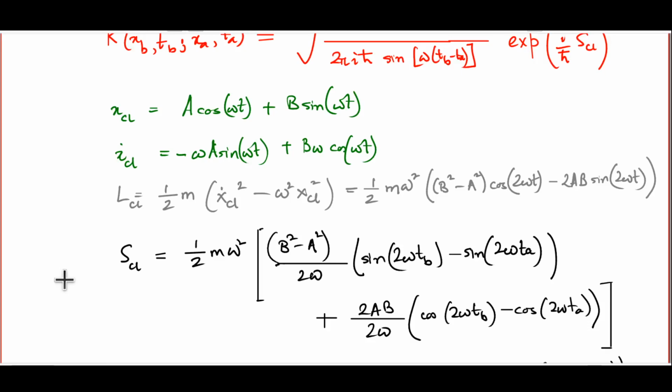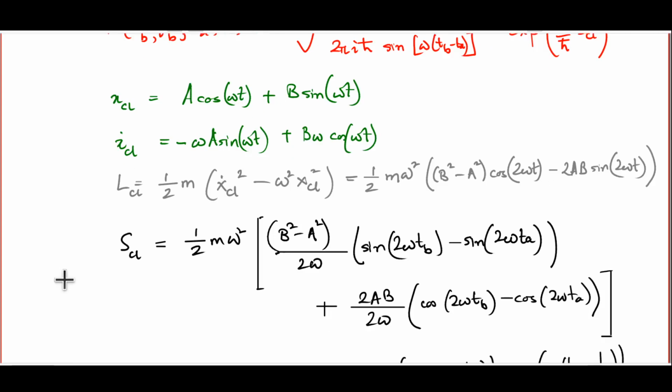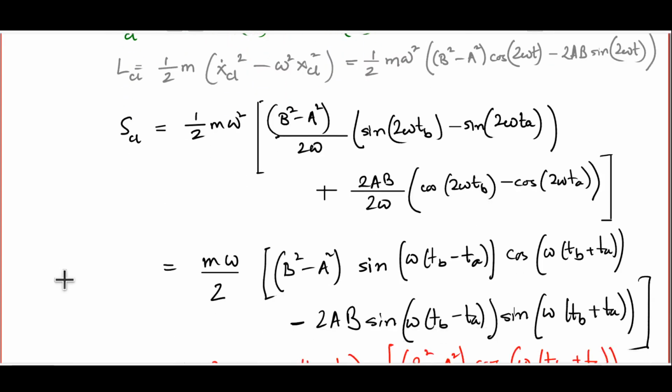Now, a bit of trigonometry once again, using the difference formula, the formula for sin A minus sin B or cos A minus cos B, actually tells you that sine of omega (Tb minus Ta) is common to both of the factors that you see out there. Of course, what I have done when we go from here to here is I have taken the twice omega factor out.